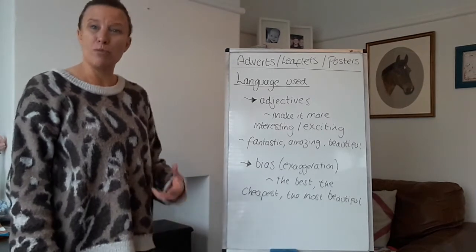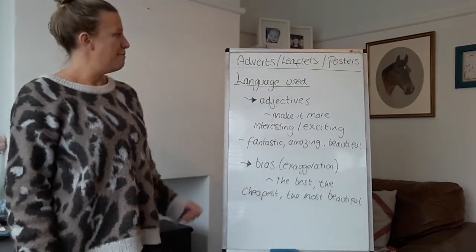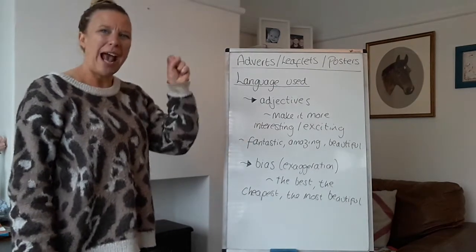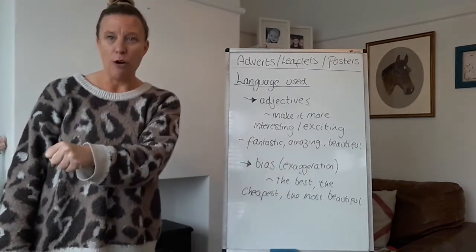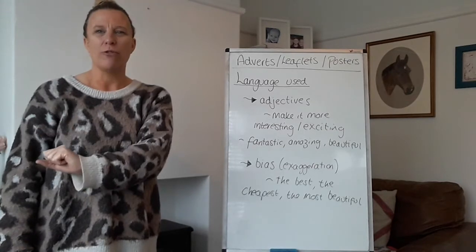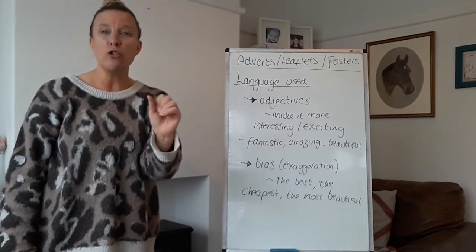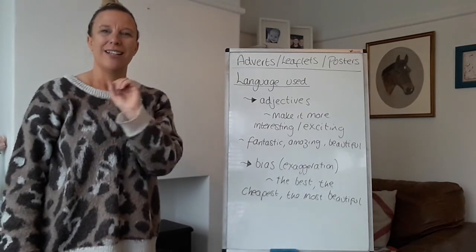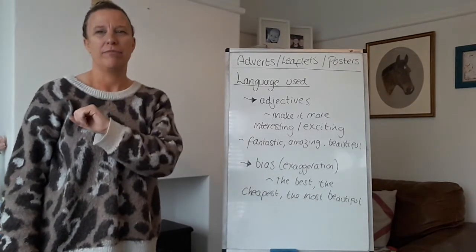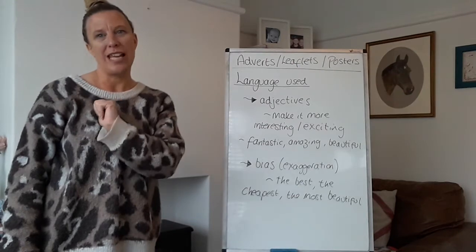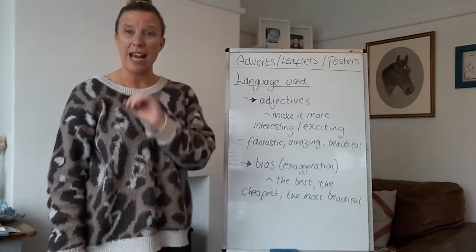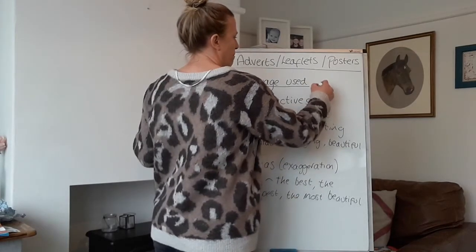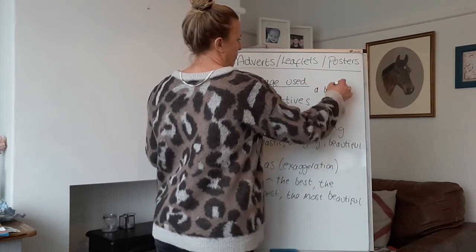Okay, so the most beautiful swimming pool. So the language used, we use these adjectives. Remember, adjectives come before the noun to describe the noun. So a beautiful swimming pool, a beautiful hotel, a tasty meal, a fantastic movie. Okay, they come before the noun, so we use our a or the or whatever. A beautiful hotel.